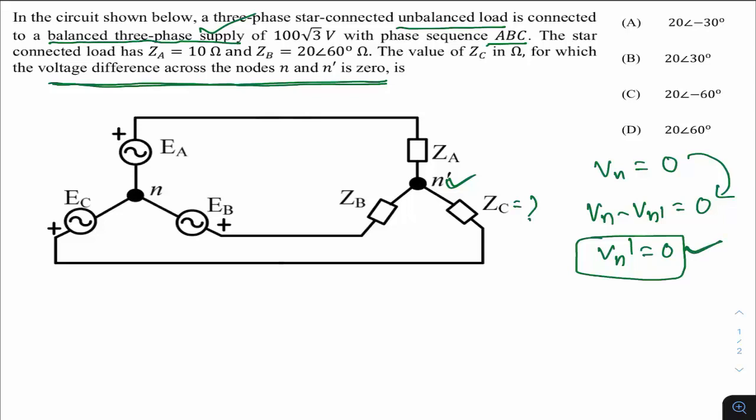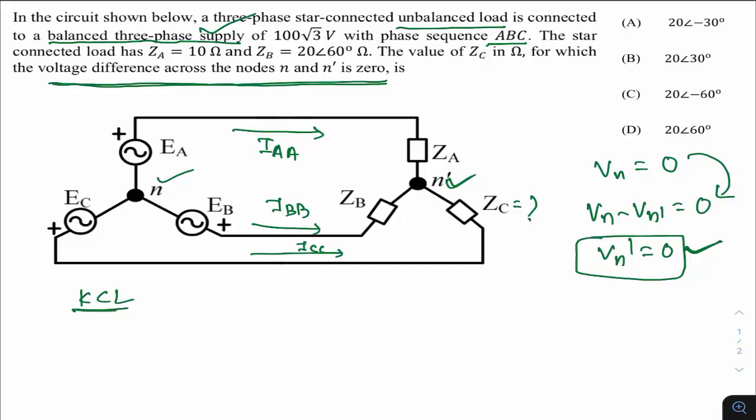See, let me name this current IAA, this current IBB, and this current ICC. Now if I write the KCL equations either at N or N dash, no problem. So what do you get?